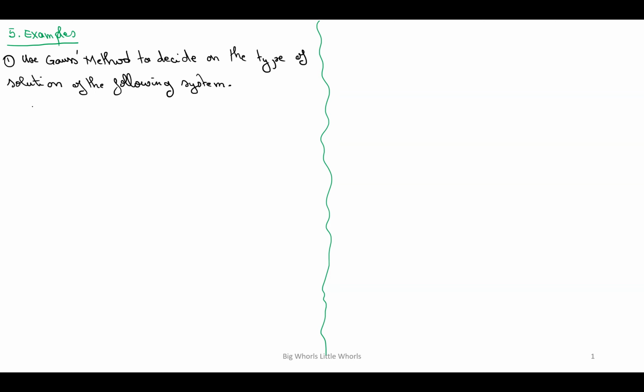Okay, so our system is the following. We have x plus y plus w equals -2; minus x plus y plus z plus w equals 2; 2x plus 4z minus w equals 5; and 3x plus y plus 4z equals 1.